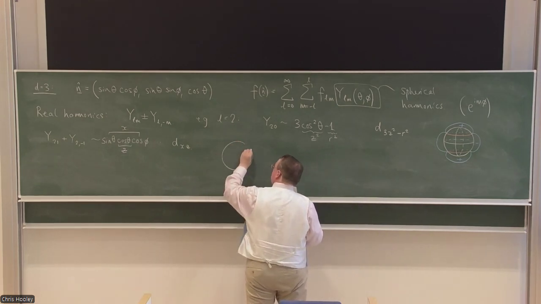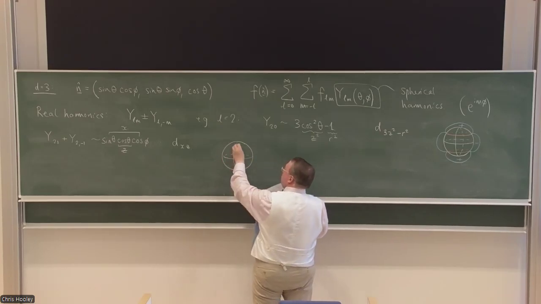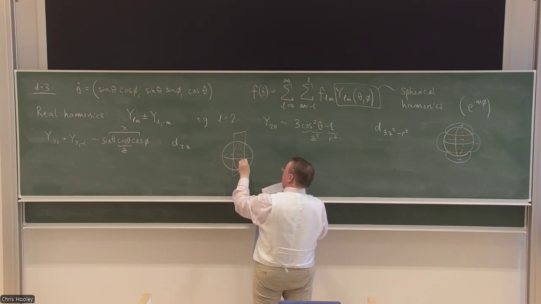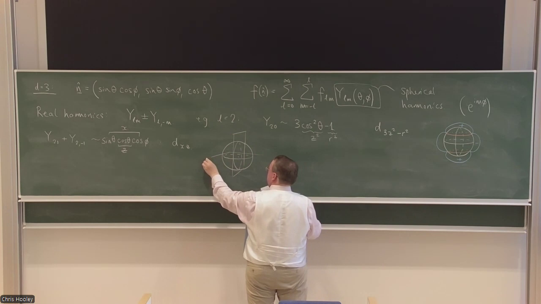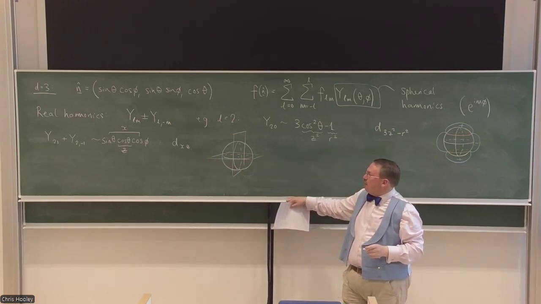So if I draw my sphere again, x equals 0 is this plane here. z equals 0 is the equatorial plane. And so it's a function which vanishes whenever it hits either of those planes.